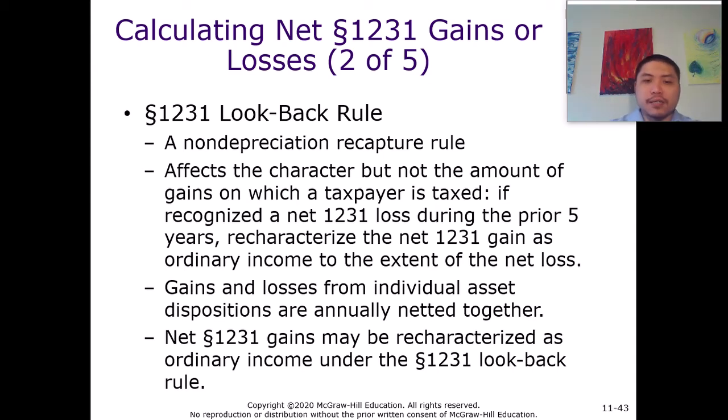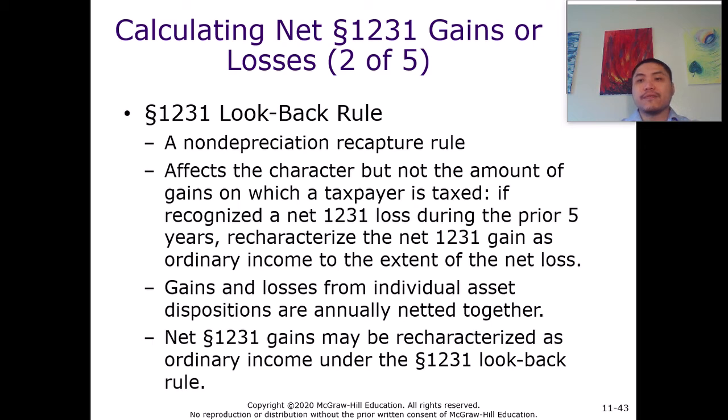So let's look at this text. It says if a taxpayer recognizes a net 1231 loss during the prior 5 years counting from the current year, so let's say this year is 2020, 2019, what we do in the tax return here. So in 2019, we want to look back 5 years prior to 2019, so we have 18, 17, 16, 15, 14, right?